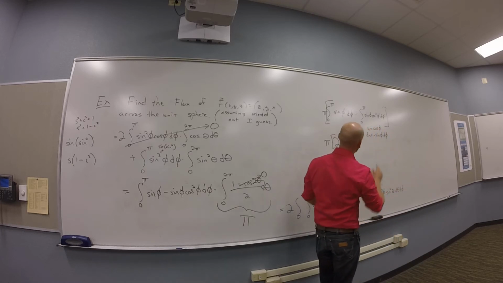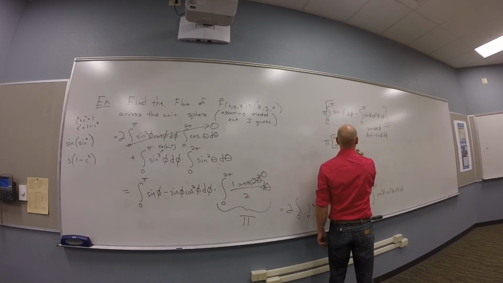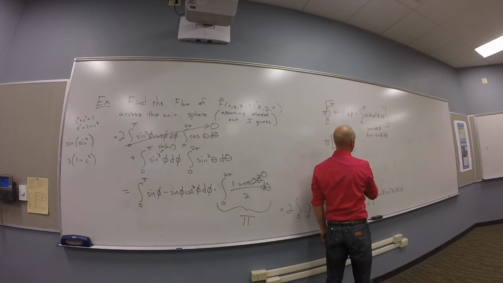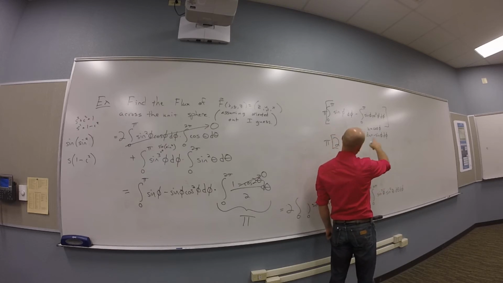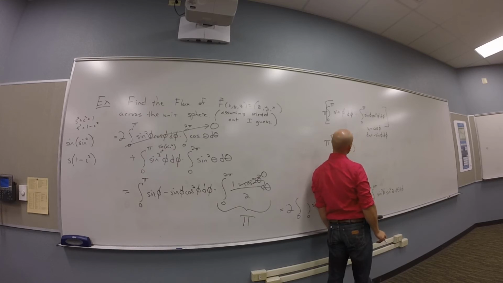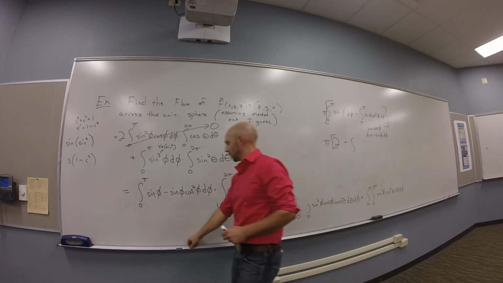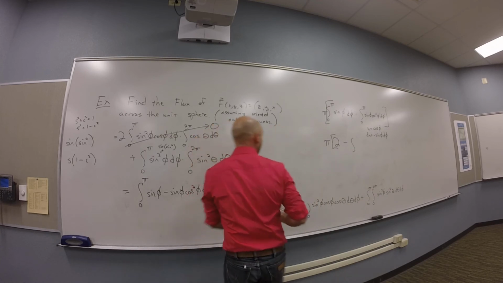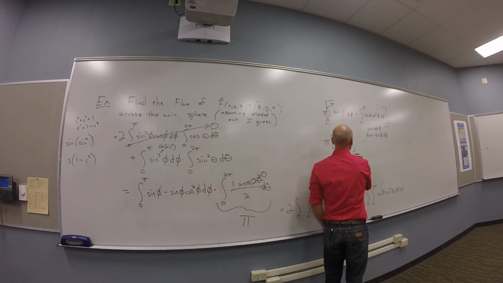Right, so after my u substitution, I have the integral from somewhere to something, right? From phi equals 0 to phi equals pi.